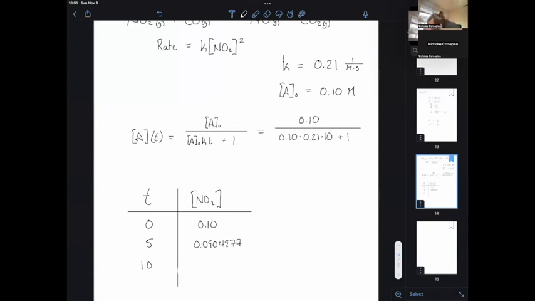And we get 0.08264446. And we can see that this concentration is indeed decreasing. That's what we would expect, given that the A is being consumed in this reaction, right?